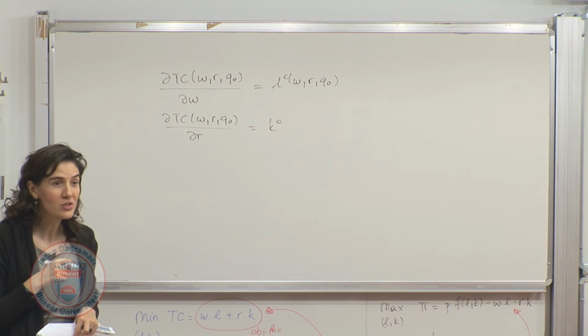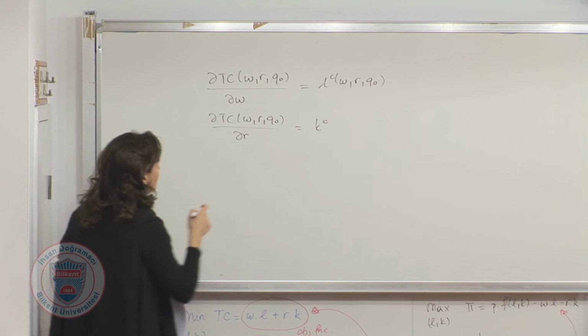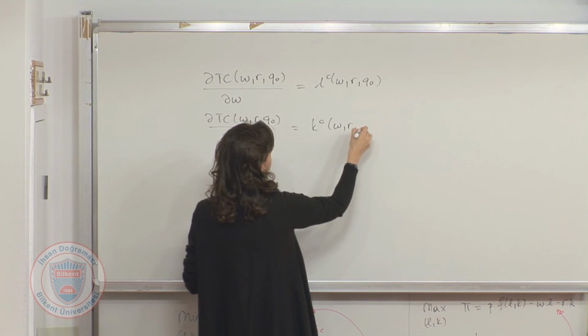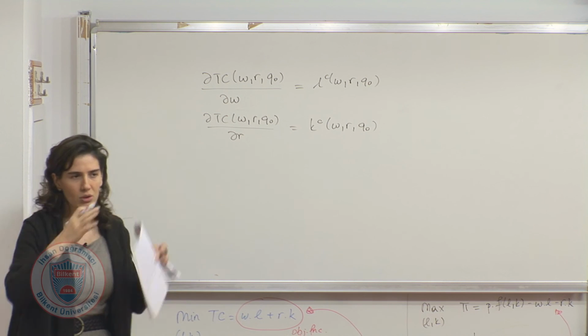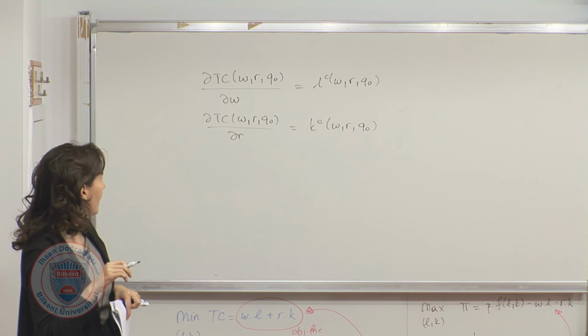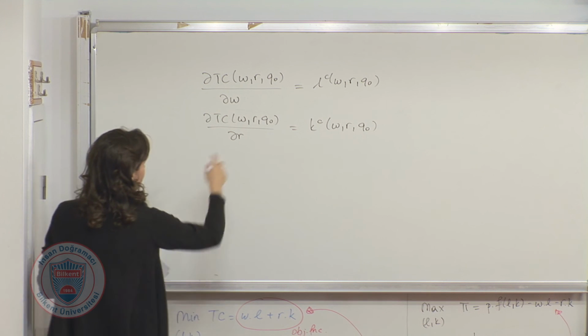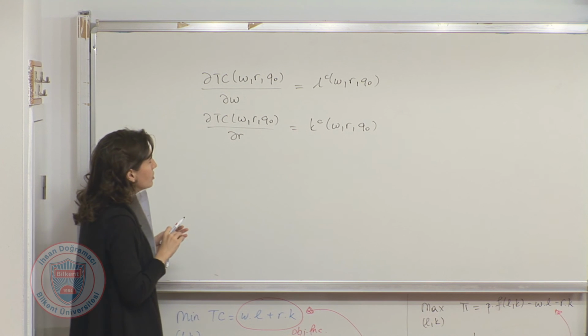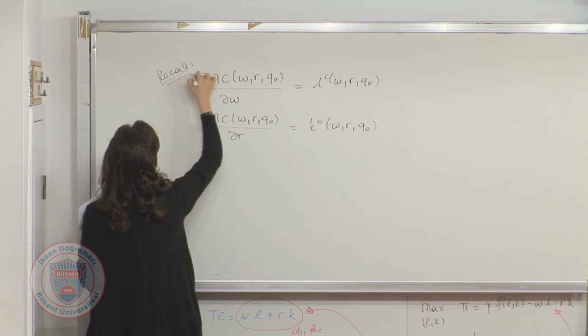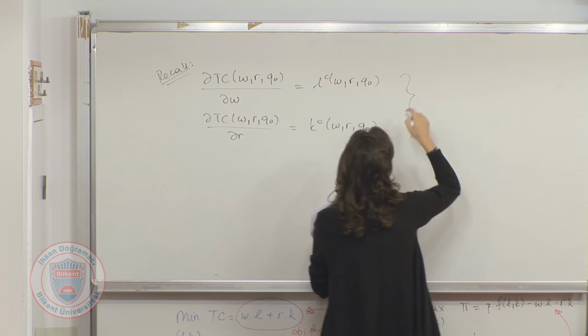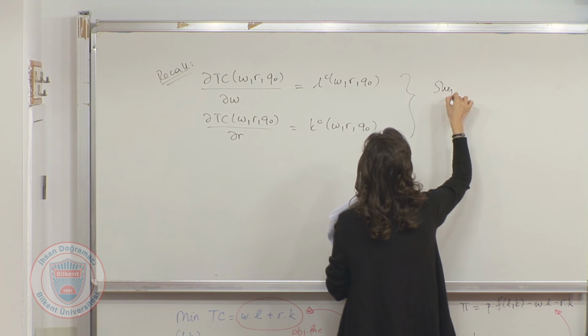It was Shepard's lemma, right? But we said that it was an application of the envelope theorem, which is a much more general result. So this is basically LC, KC, these total costs. So this is the case before, okay? We called it another way of Shepard's lemma.